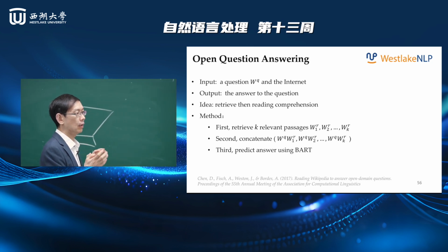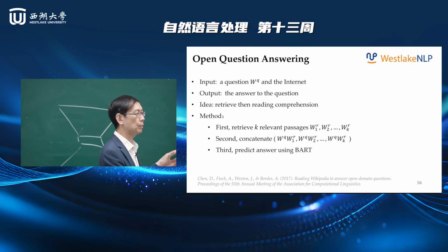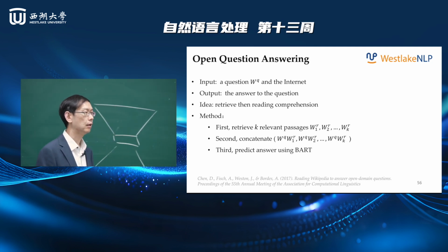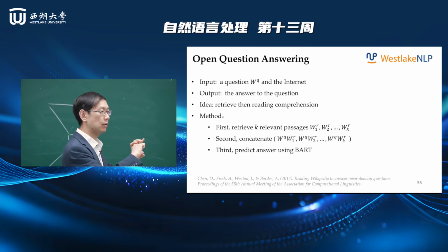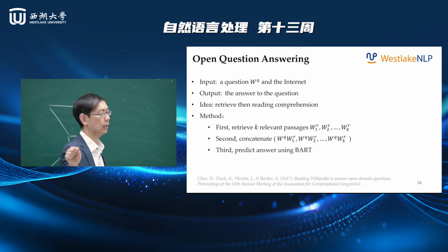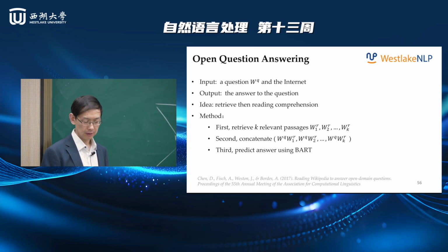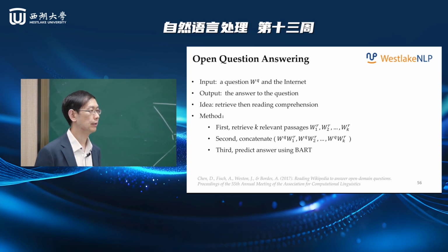When you have each question document pair, you can use BART. Question and document in, answer out. That's the basic idea. And you can also concatenate all the question passage pairs into a long input sequence. And then you train BART to predict the answer. So this is the basic idea of open question answering, okay?